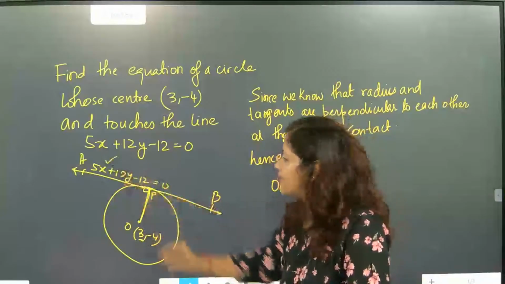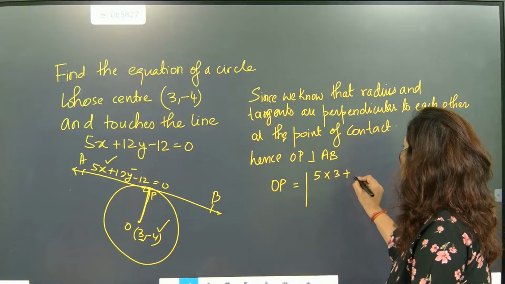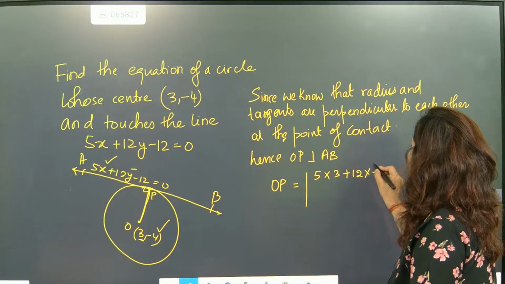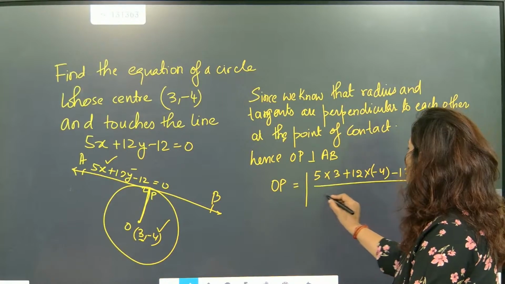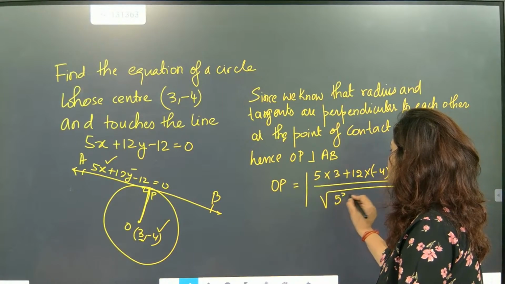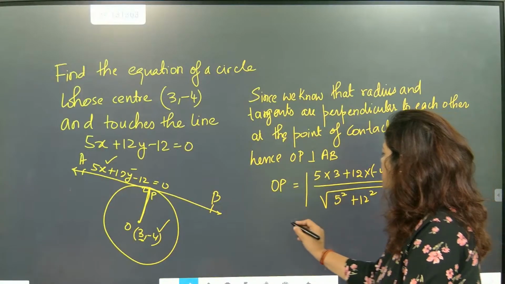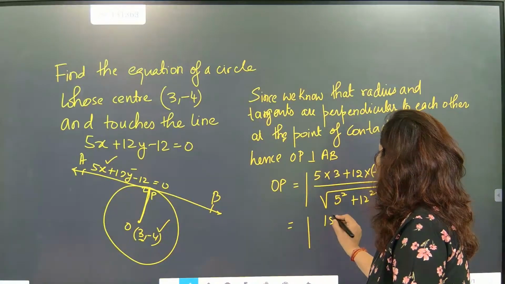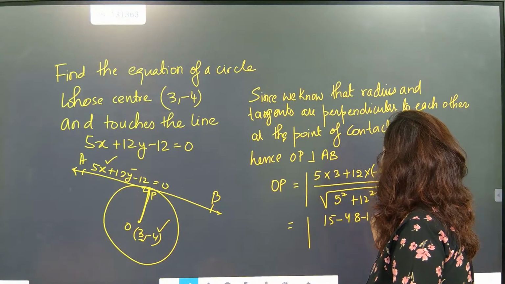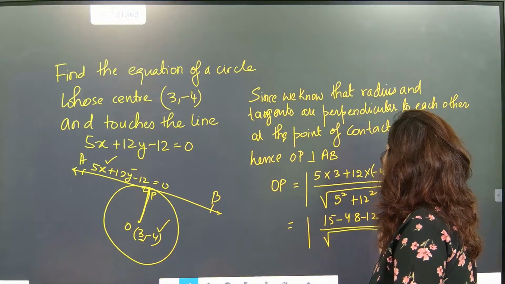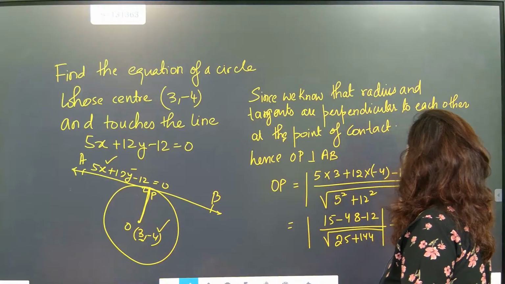So here beta 5 into 3 is 15, 12 into minus 4 is minus 48, minus 12, divided by the square root of, coefficient of x is 5 so 5 squared, coefficient of y is 12 so 12 squared, that is 25 plus 144.